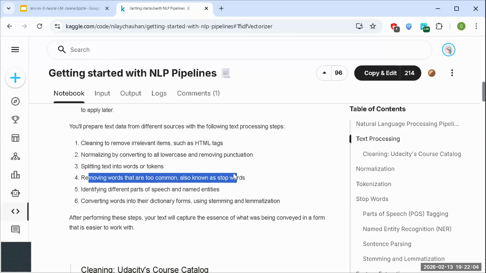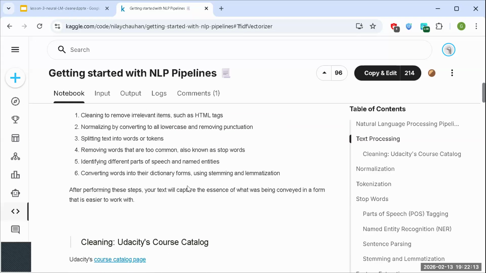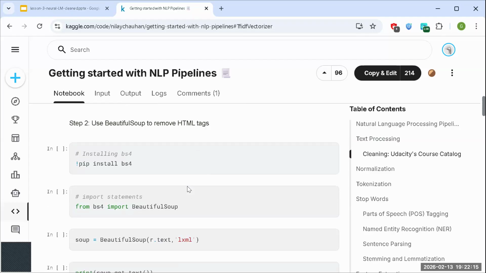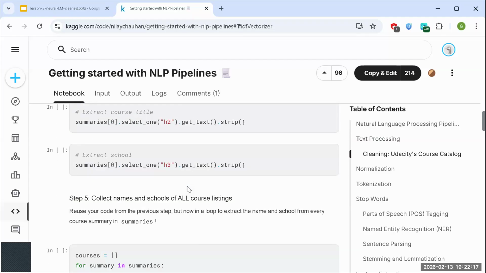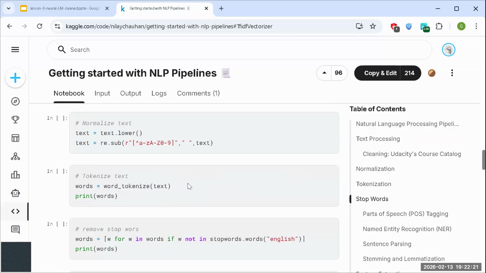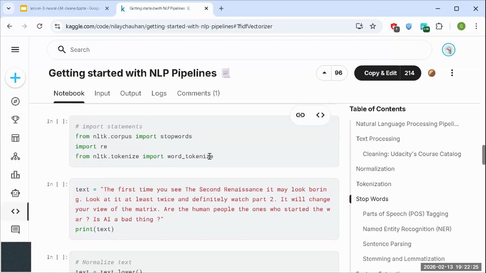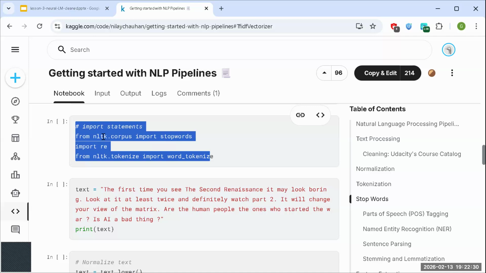NLTK has its own stop words library that you can use to remove these words. Then you also saw stemming and lemmatization. For the cleaning part, you can always reference this Kaggle notebook. I'm not here to run through the notebook, but maybe show you the library. You see NLTK is a very common library that people use to do preprocessing and tokenization.